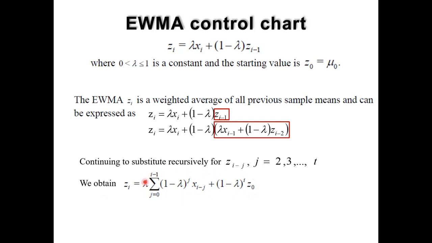This part is the summation of 1 minus lambda to the power of j times X i minus j. This bit is actually the weighted part of the formula, plus 1 minus lambda to the power of i times Z naught, which is the initial Z value.